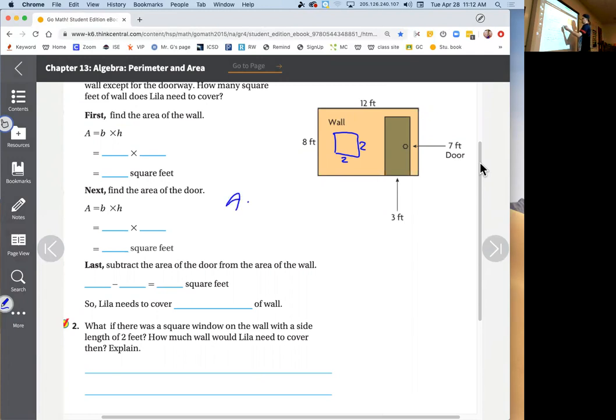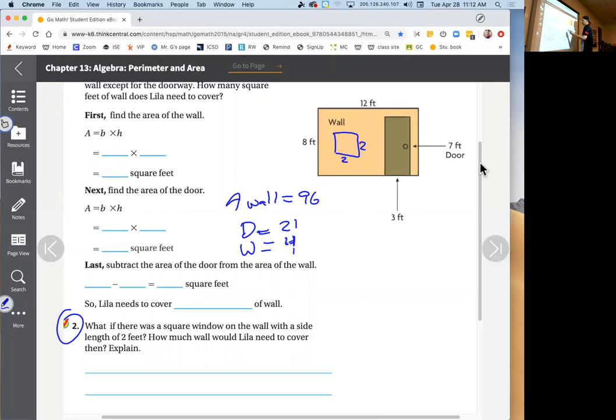The area of the wall is 96, and the door was 21. Now we got to do the window. What is the window? Remember, we're doing number 2. Well, what's the area of the window? It's 2 times 2, which is what? Okay, and these are all square feet.